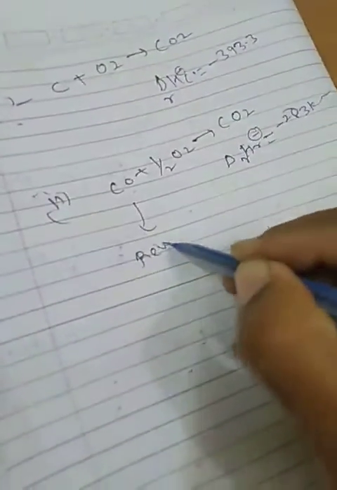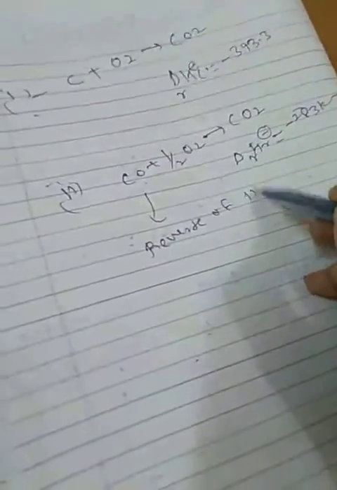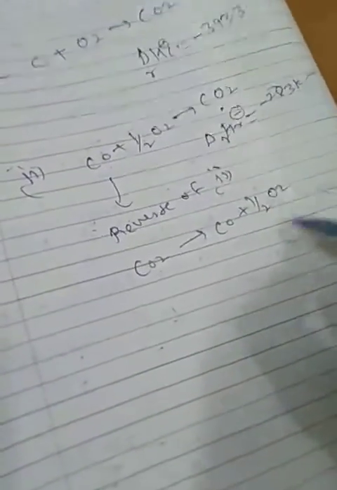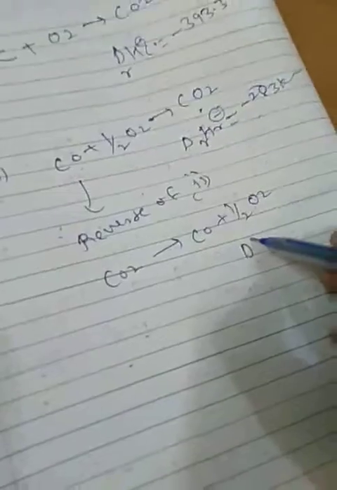Second: CO plus half O2 gives CO2, and delta H of reaction is equal to minus 283. For the reverse of this reaction, you write CO2 gives CO plus half O2, and at that time the minus sign will be changed.